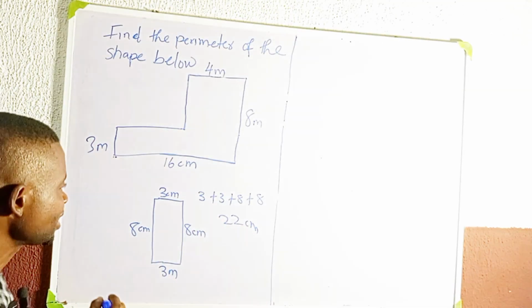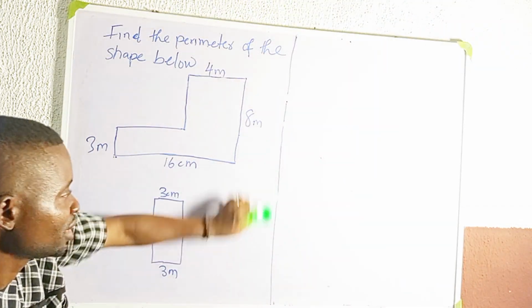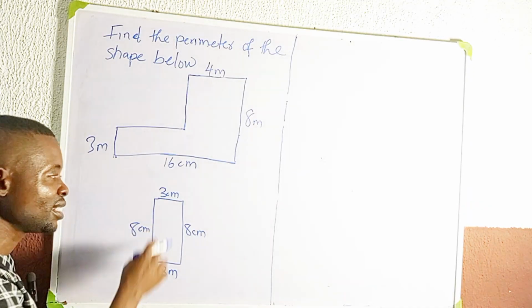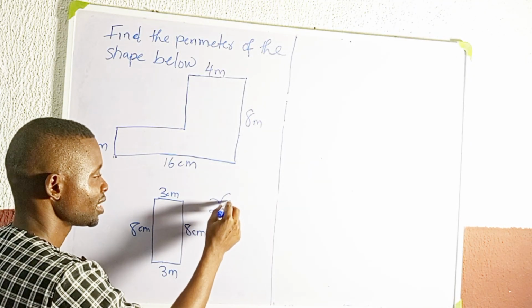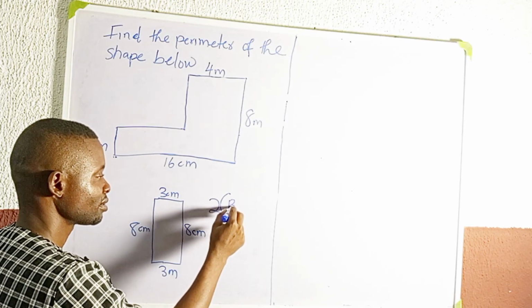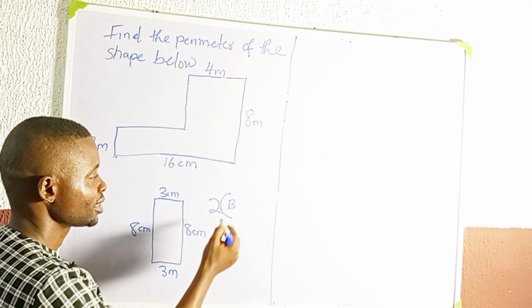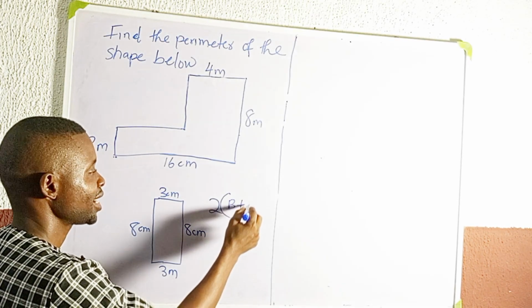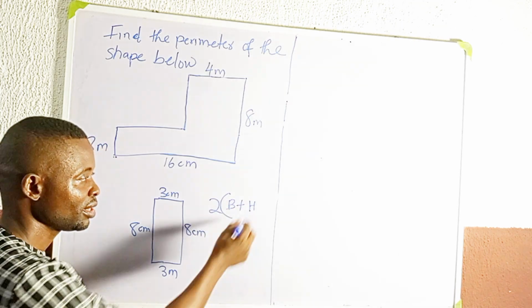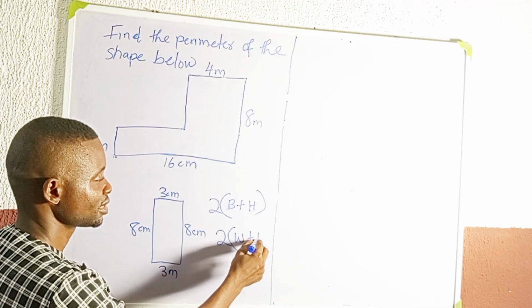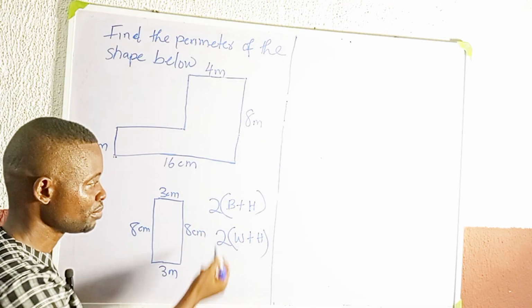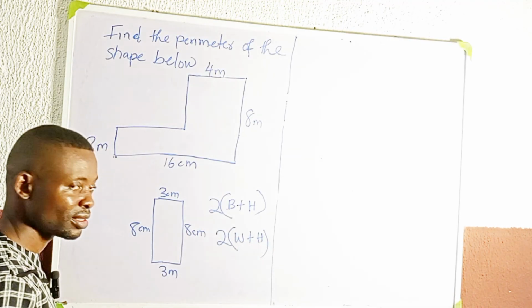Okay, that is how the formula for finding the perimeter of a rectangle is derived, by saying 2 times base or width plus height. Okay, or 2 into width plus height. We have written the same thing. Base can be called width.